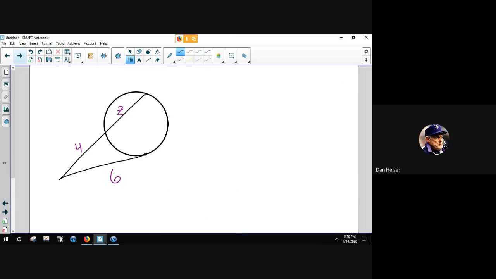Final example. We have a secant and a tangent. Following the same pattern, outside times whole. Our outside, we have 4, and our whole, 4 plus z.